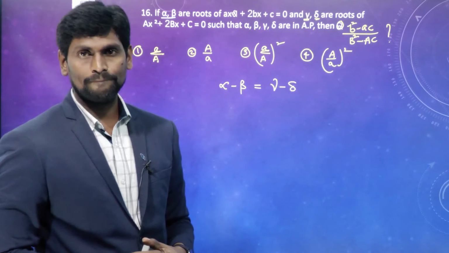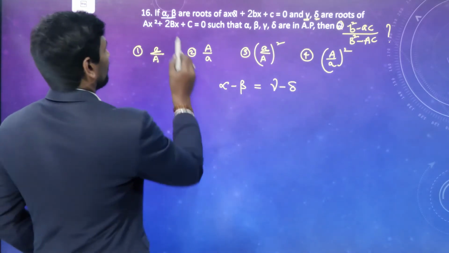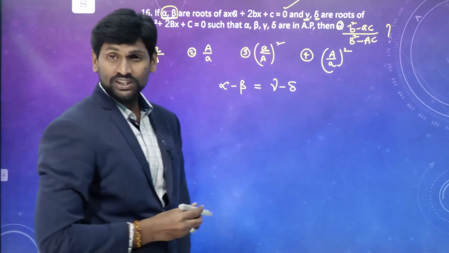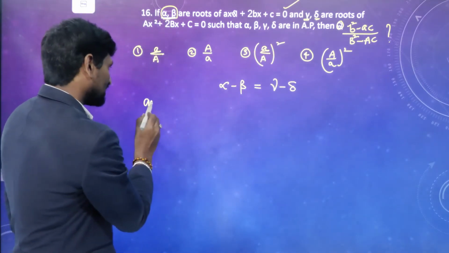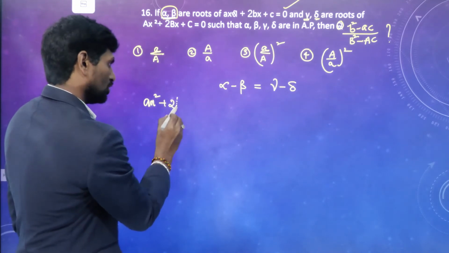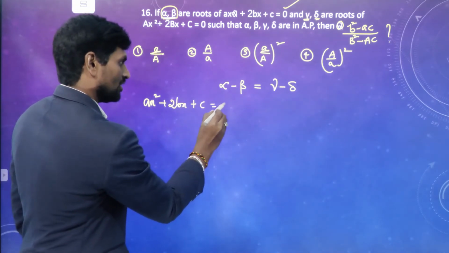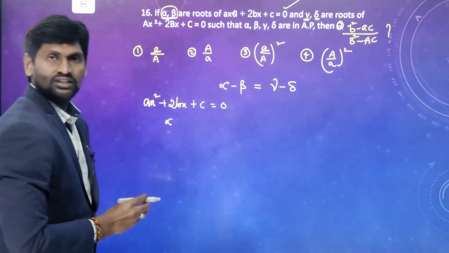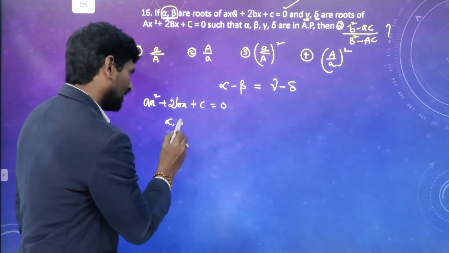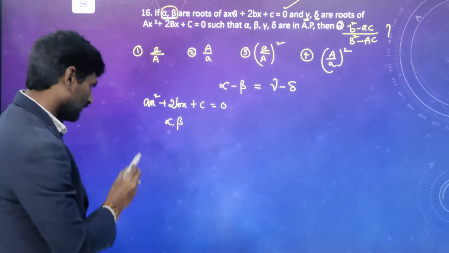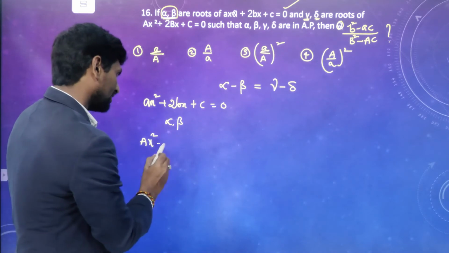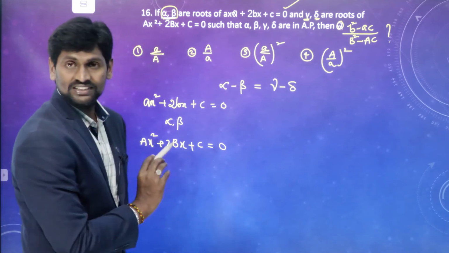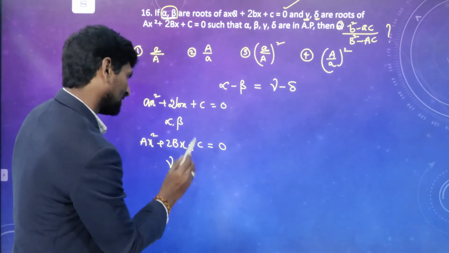Now, alpha, beta are roots of which equation? ax square plus 2bx plus c equals to 0. Alpha, beta are roots for this equation. In such a way, capital A x square plus 2bx plus c equals to 0, for this equation, gamma and delta are roots.